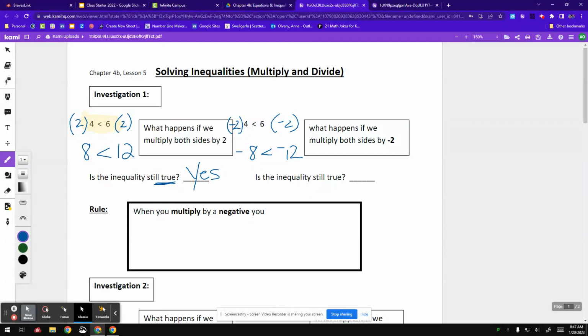And because of that, mathematicians in your past have come up with a rule. When you multiply by a negative number, you must flip the inequality sign.